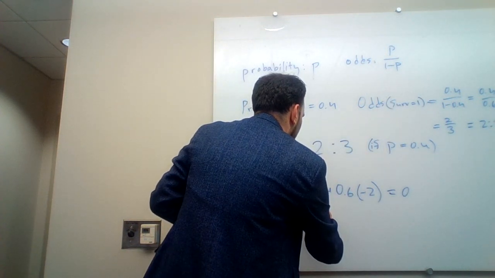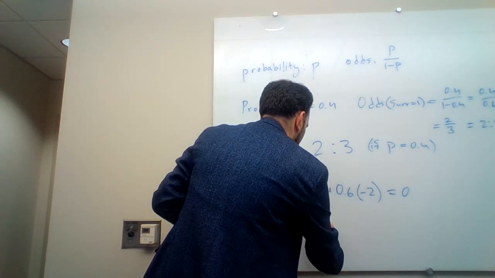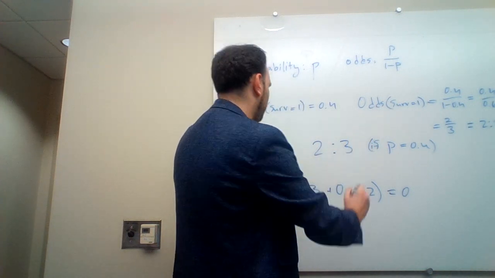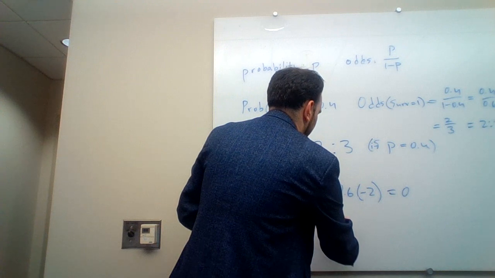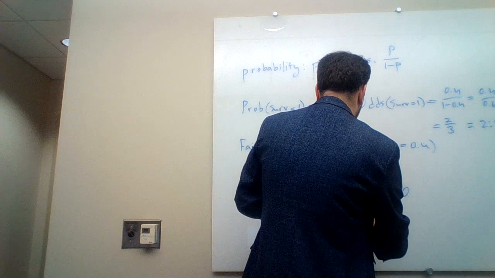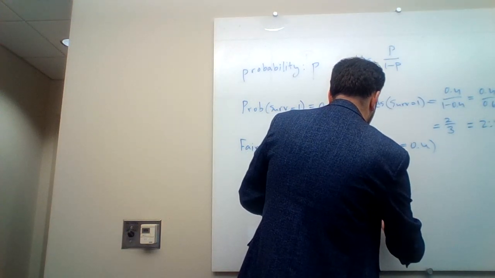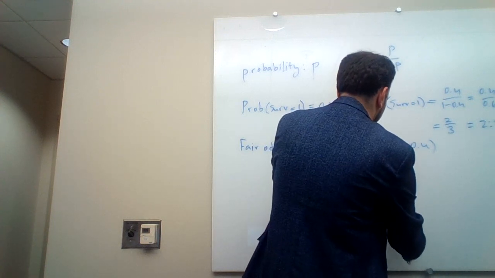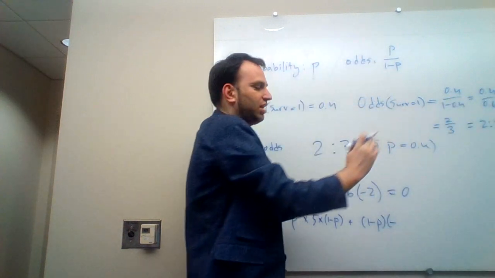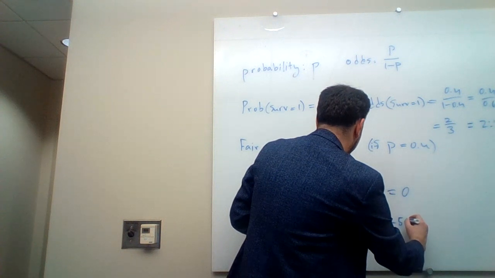So I'm saying 5 times, and then the 3 is 0.6, so that's 1 minus P. So this, on the other hand, is 1 minus P. And then this is minus 2, the 2 is 0.4 times 5, so this is 5 times P.